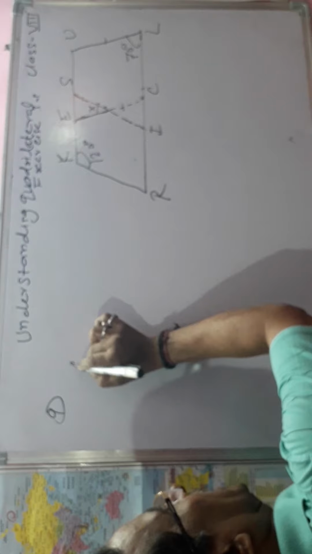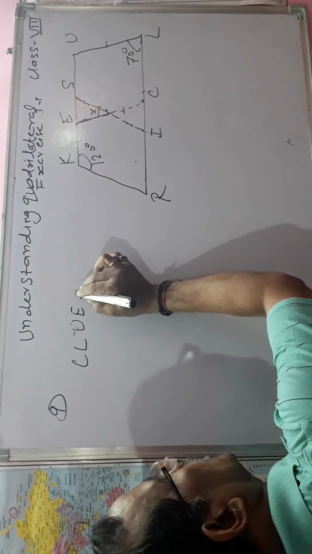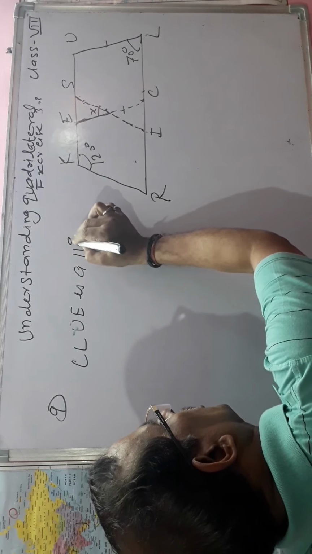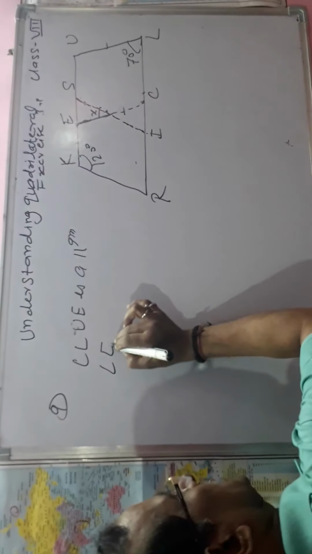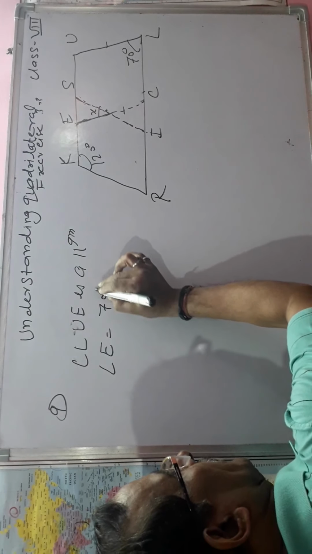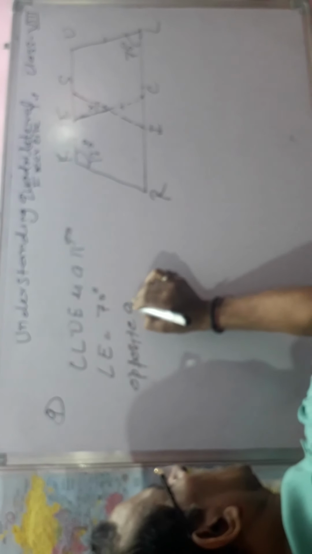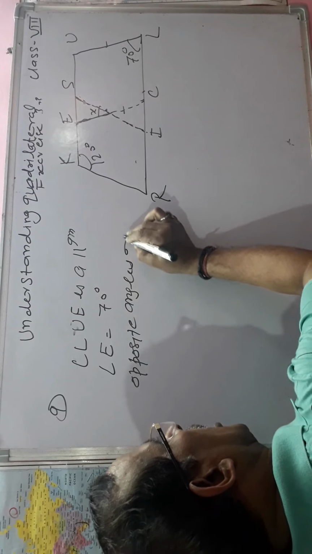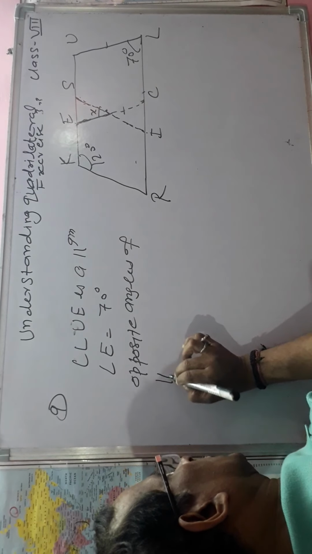CLUE is a parallelogram. So angle E is equal to 70 degree, opposite angle of a parallelogram.